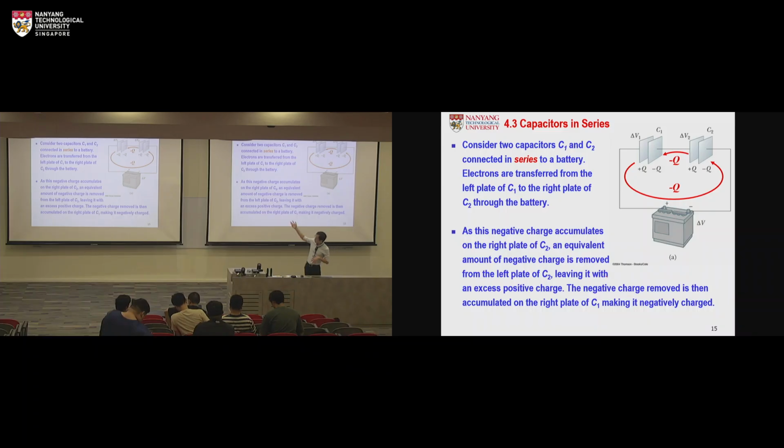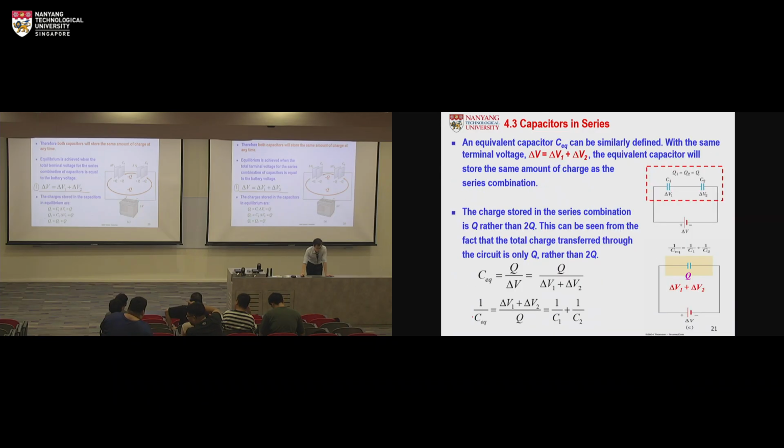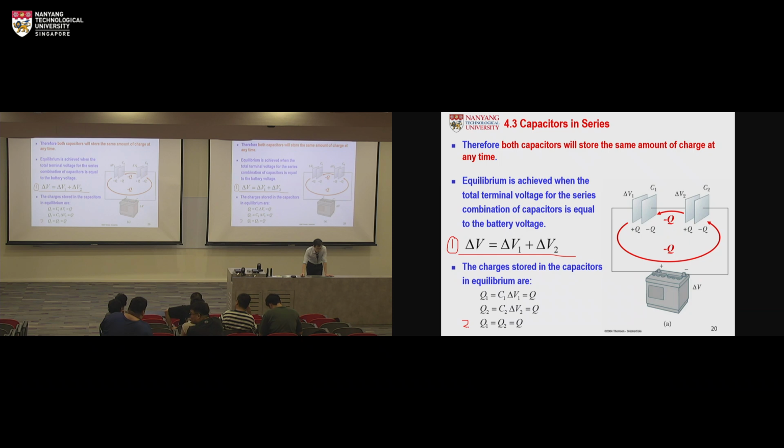And here, the connection in series, I will leave it to you to figure out basically the key relation. This is the first key relation, and this is the second key relation. And on top of this, again, you always have these two.